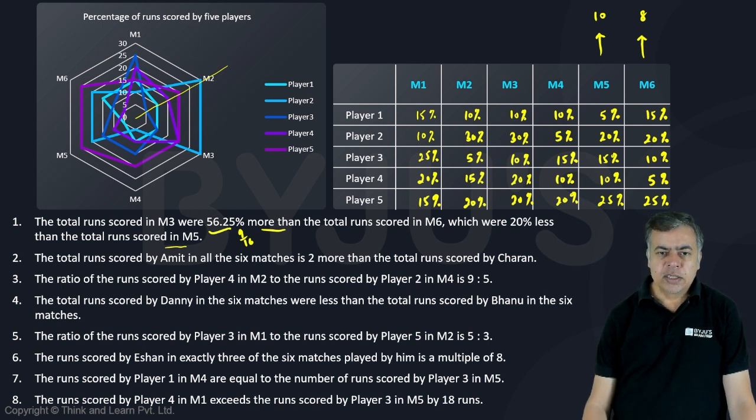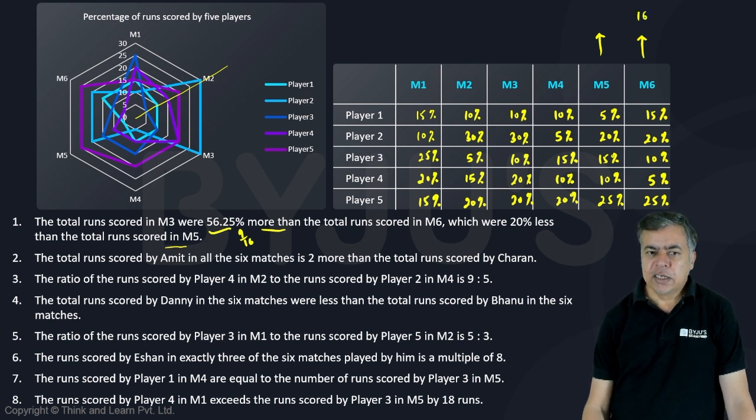So M3 is 9 by 16 more than M6. Let's see if I write the ratio properly. Instead of 8 and 10, I can write 16 and 20. 20% less, and M3 the total should be 9 by 16 more, so it should be 25.